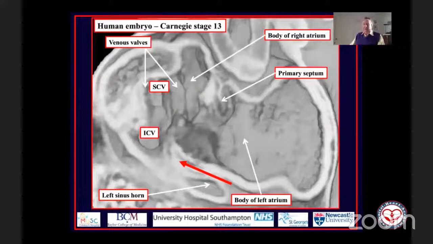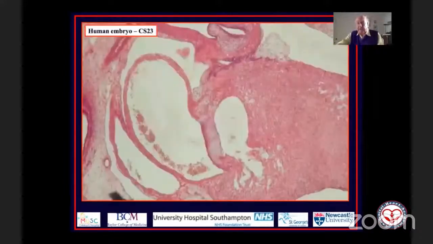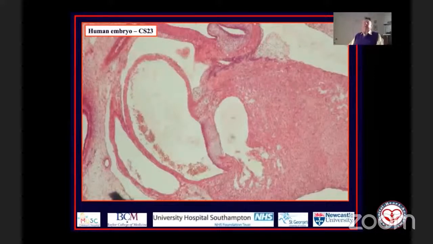And you've already seen in Diane's presentation to you how the left venous valve applies itself to the right side of the atrial septum. But the key in terms of what we're now going to discuss in terms of the anomalies is the fact that that space between the wall of the left sinus horn and the wall of the left atrium is retained throughout development.